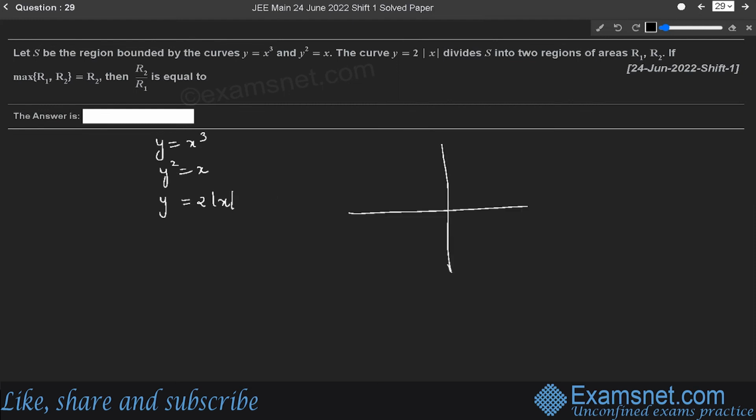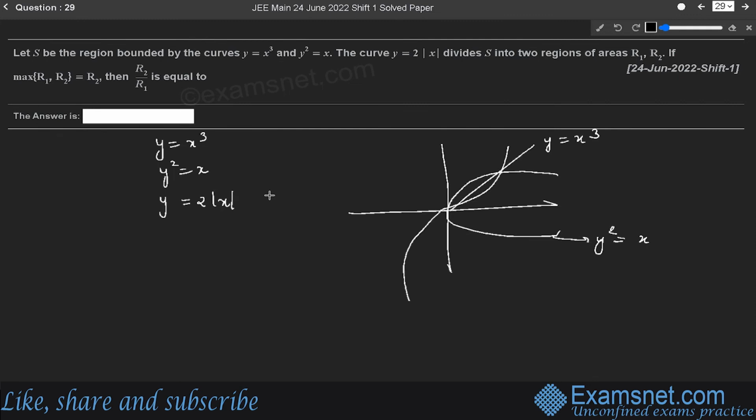Consider this figure. Let this be the line for y is equal to x cube, and let this be the curve or the parabola which is for y square is equal to x, and let this be another curve which passes through the center somehow this way.